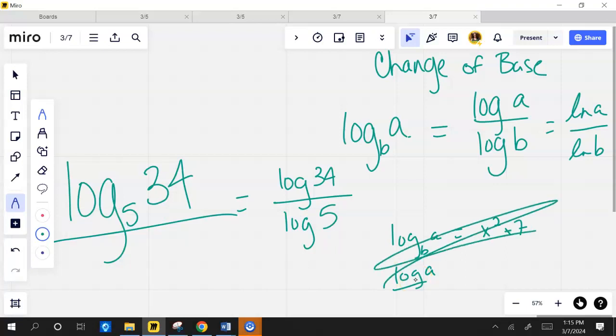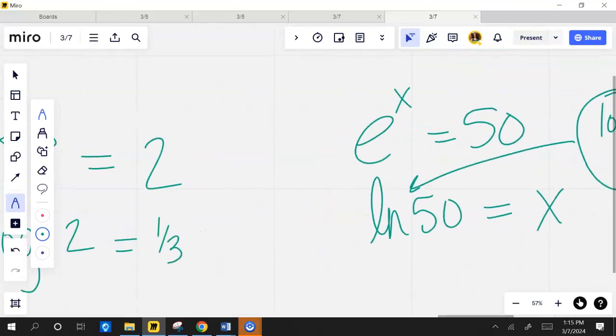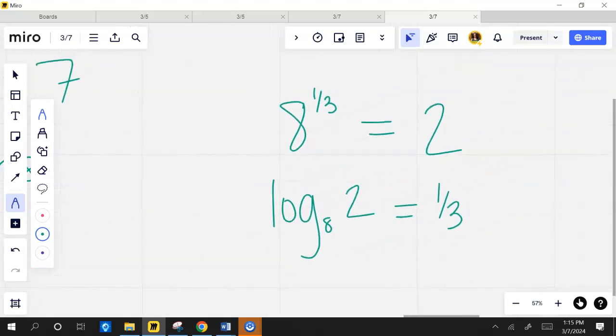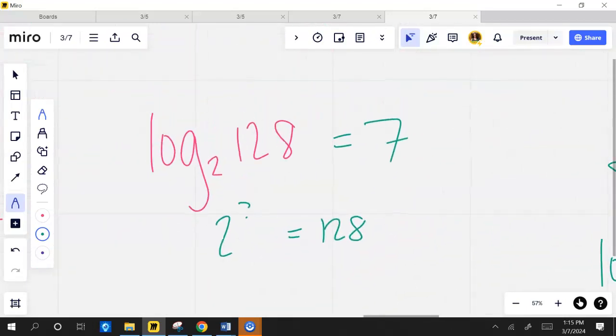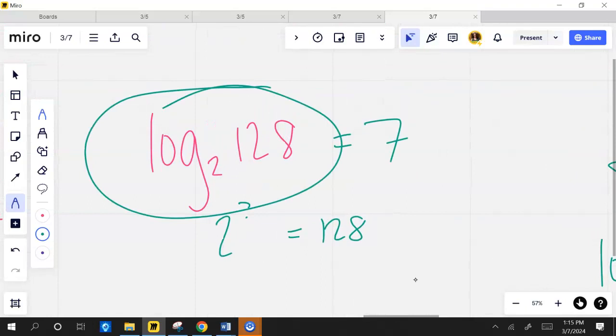If I tell you you can use a calculator, yes. All right, what was your question? Oh, I'm sorry. Let's go back. In your calculator, let's do one that came out nice and neat. Do this one with change of base in your calculator. So do log of 128 divided by log of 2.